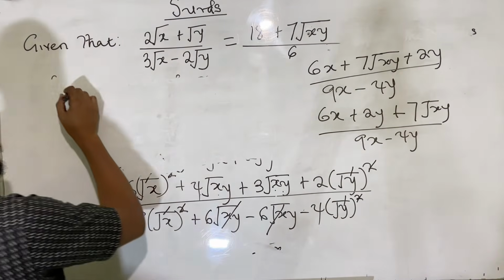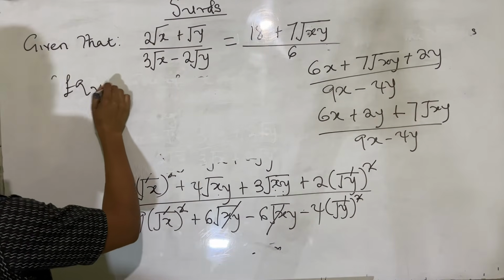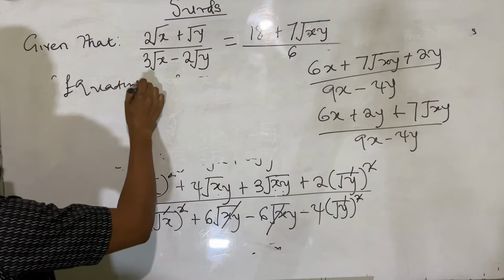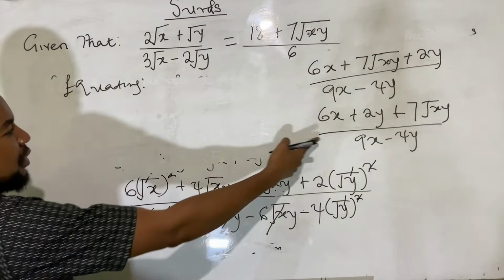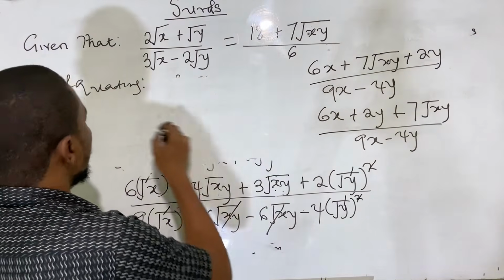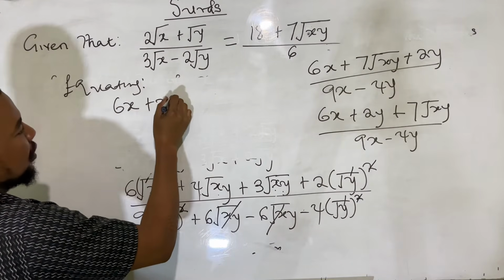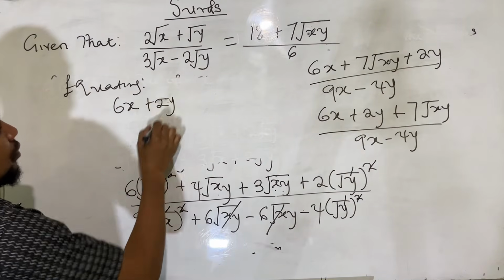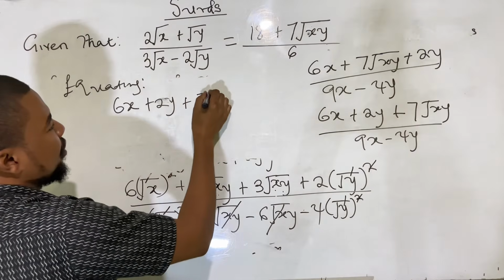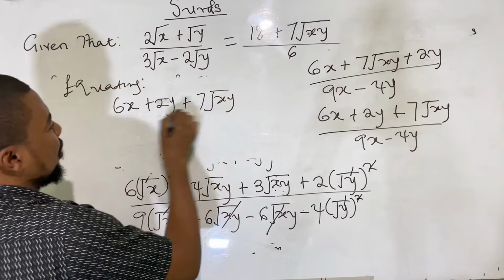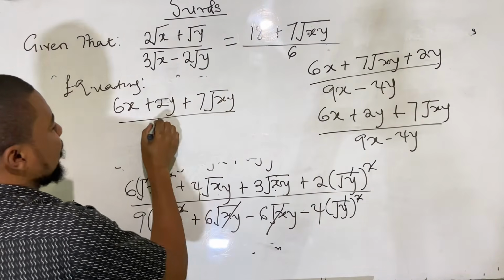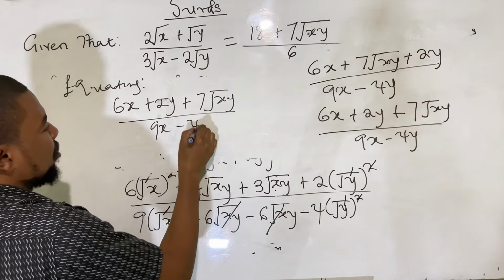So I'm going to say equating. So when we equate them, this is the left-hand side, the rationalized part. We have 6x plus 2y plus 7 square root of xy over 9x minus 4y.